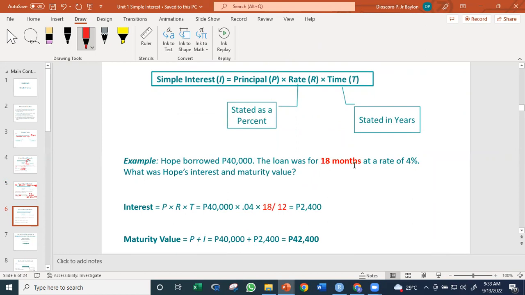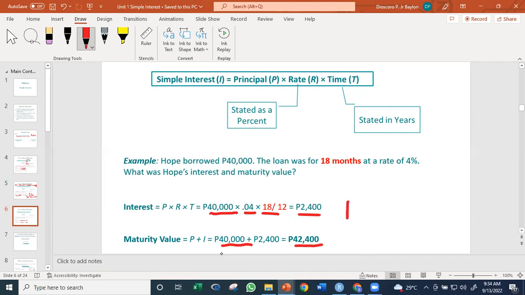And since we're given 18 months, we have to convert this into years by dividing it by 12. So we were able to compute for the interest here, that's 2,400. And then add it to the principal to get the maturity value of 42,400.